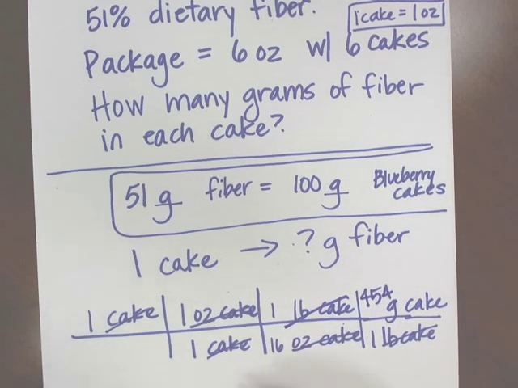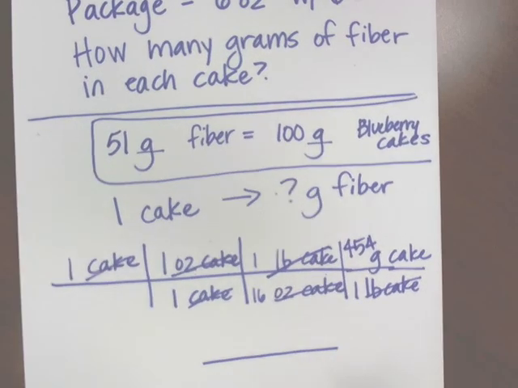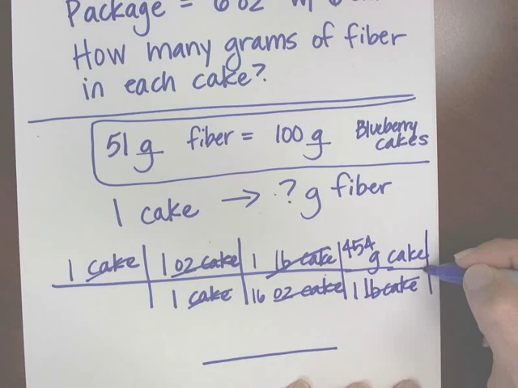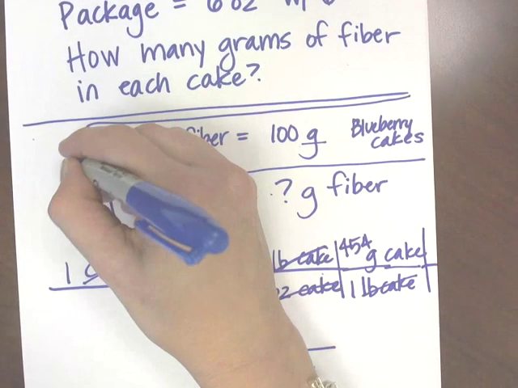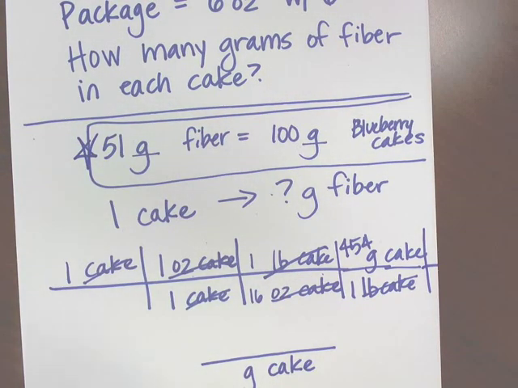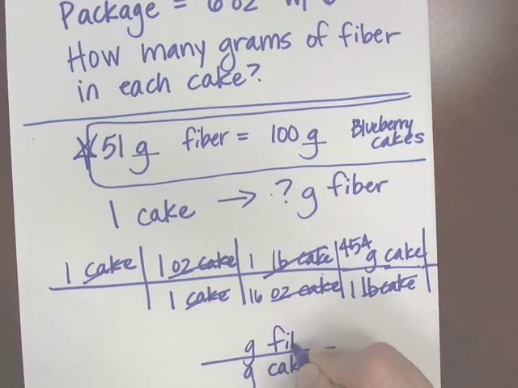I'm getting very close to what I'd like to know. I'm going to continue this below, but it would just be an extension here of my problem. Grams of cake can now be converted, and I'm ready to use this equality that came from my percent. Grams of cake can be converted to grams of fiber.